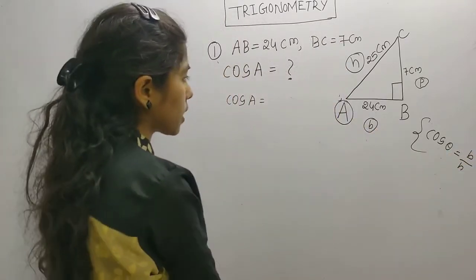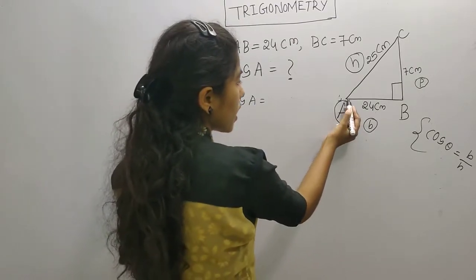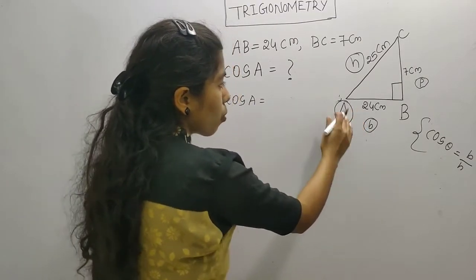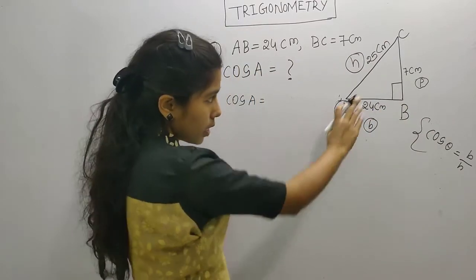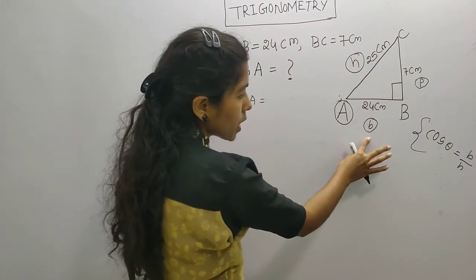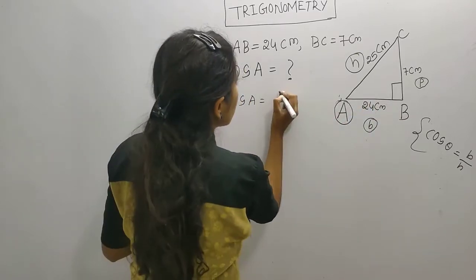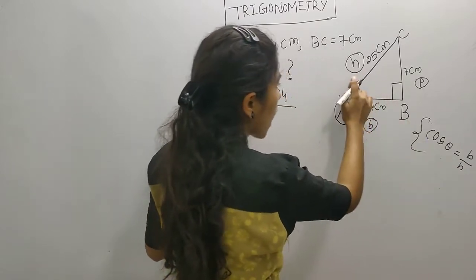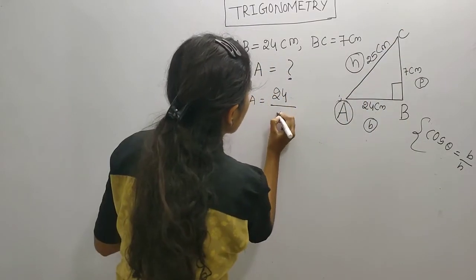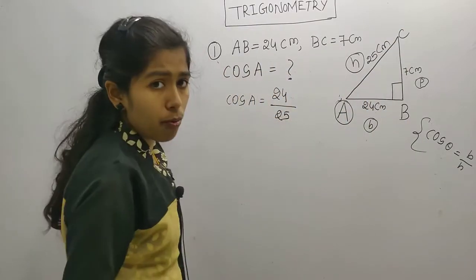So which is the base? This is A, right? So opposite to A will be the perpendicular, this will be the base. The triangle is right-angled. So which is the base? 24 cm. So 24, again B by hypotenuse. The hypotenuse is 25. So 24 by 25.